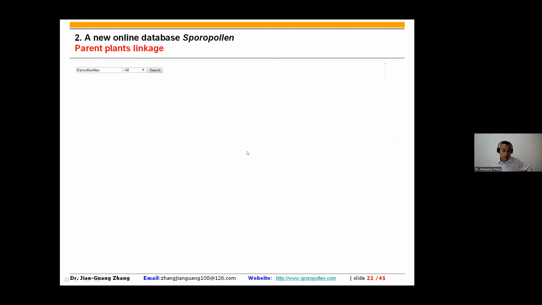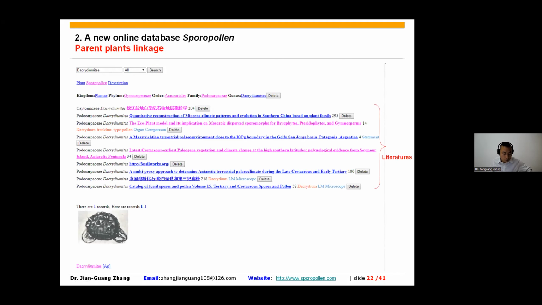Another important usage of this database is to link the dispersed spores and pollen to their parent plants. Input a genus name of the spores and pollen. Click the search button. You will get the information about its parent plants.